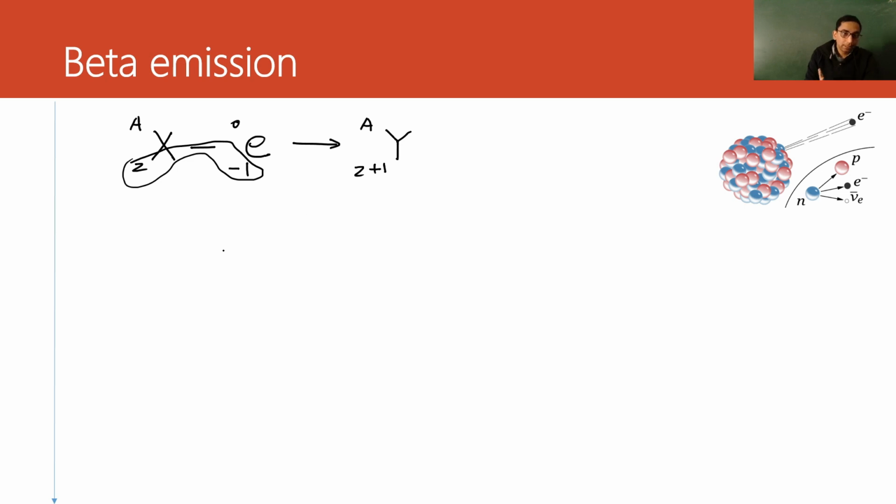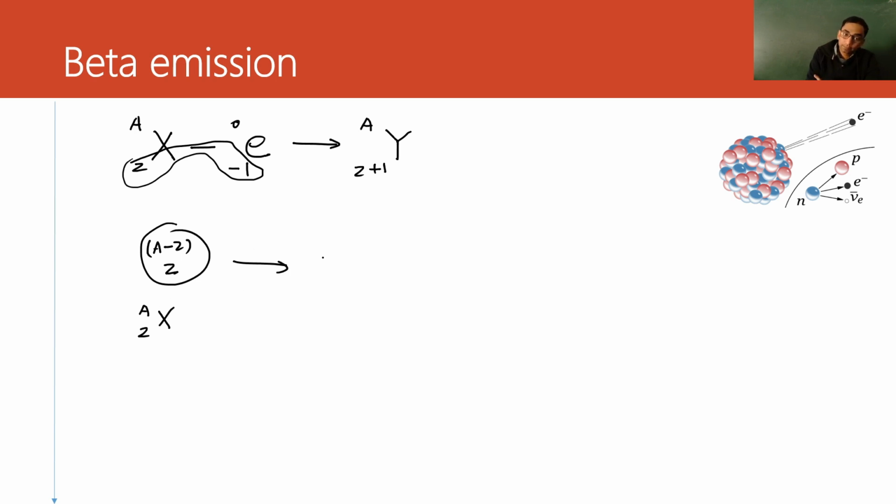Please understand that earlier you had X with Z and A. The mass number was A, the number of neutrons was A minus Z, and Z was the number of protons.